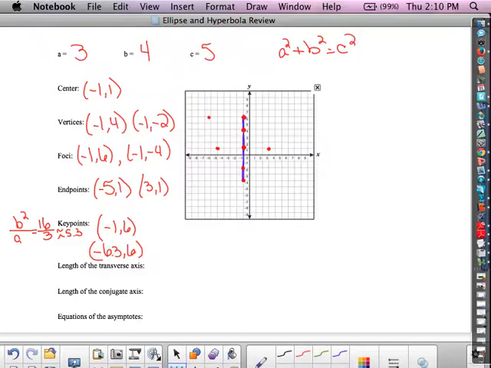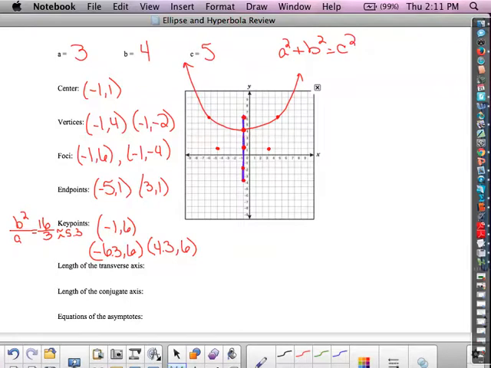And then to the right, I will add 5.3, which will put me at 4.3, 6, which is about right here. You should see your hyperbola starting to take shape here.